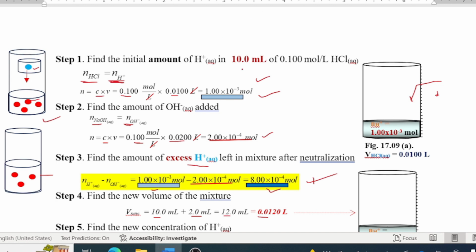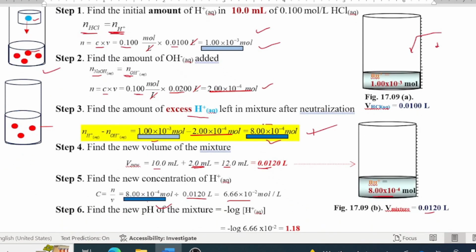But because you're adding a volume, you end up with a new volume here, okay? New volume, and you find a new concentration by taking what's left after you do your subtraction here, and you divide it by that, and then you find the log here.